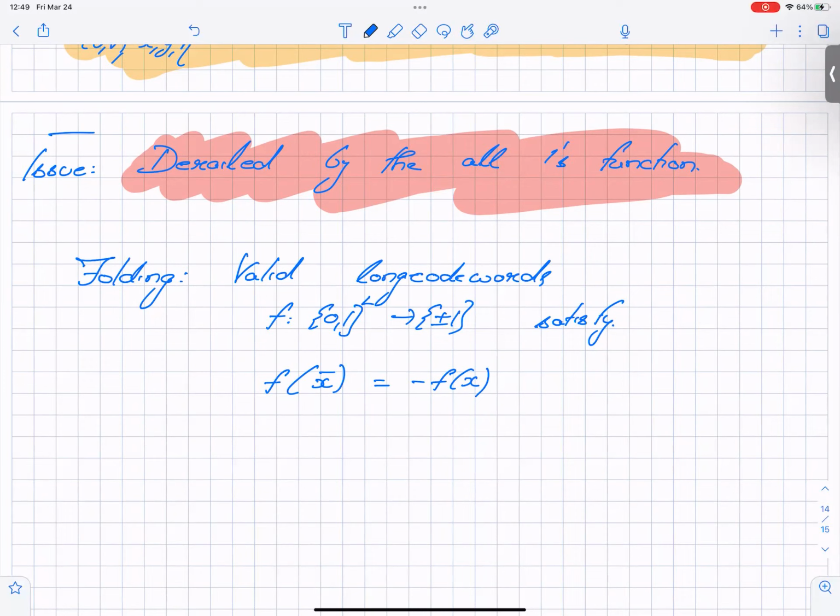The answer will flip. Certainly the constant 1 function doesn't satisfy this property.